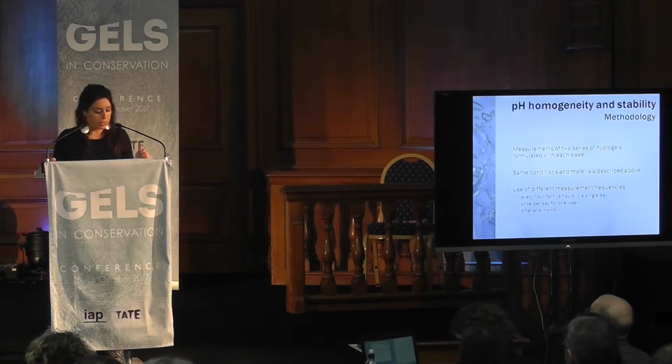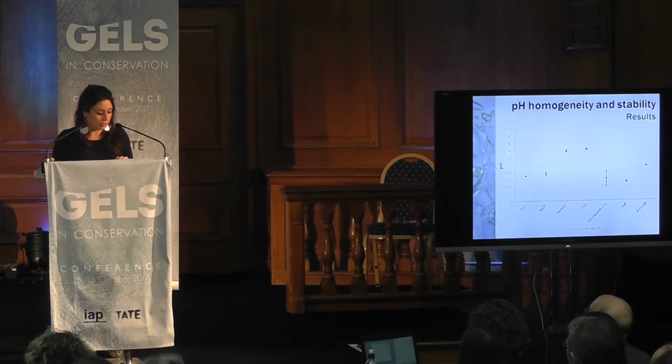For analyzing the gel pH homogeneity and stability depending on the base, two series of hydrogels were prepared and measured with the same conditions and materials used in the preceding experiment. We performed the pH measurements at 3 different frequencies: every hour for 5 hours in a single day, then once per day for 1 week, and finally once after a month.